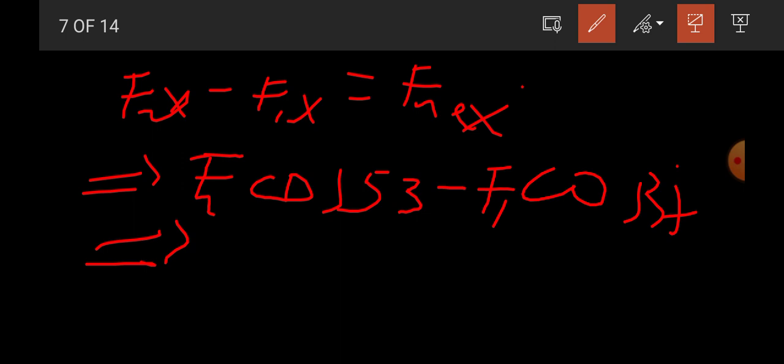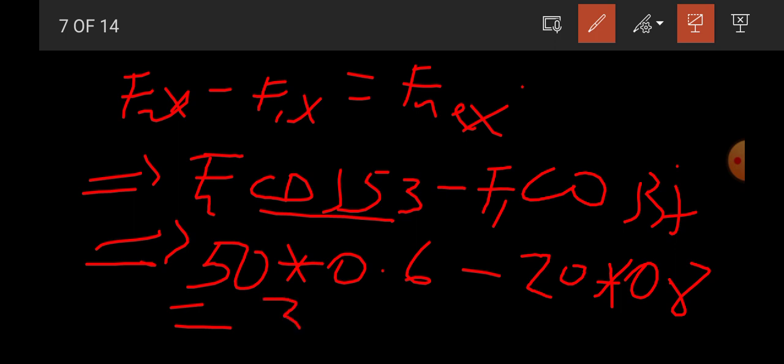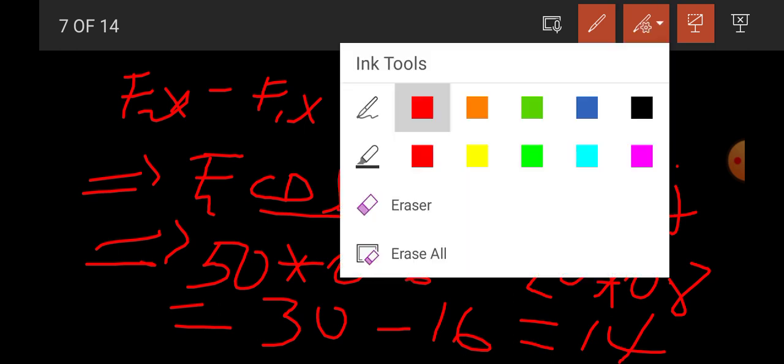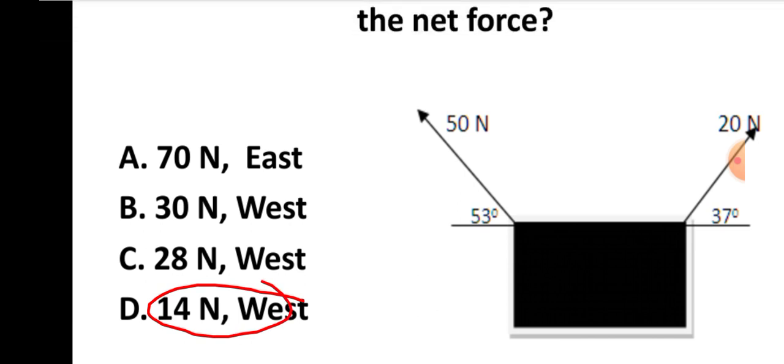F2 is 50 Newton times cosine of 53, 0.6, minus F1 is 20, 20 times cosine of 37, 0.8. What is this? 30 minus 16, which is equal to 14 Newton towards west is the answer. 14 Newton towards west.